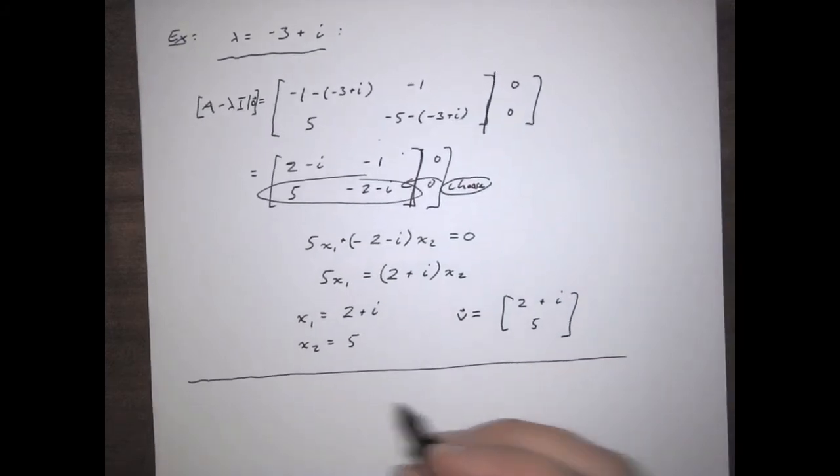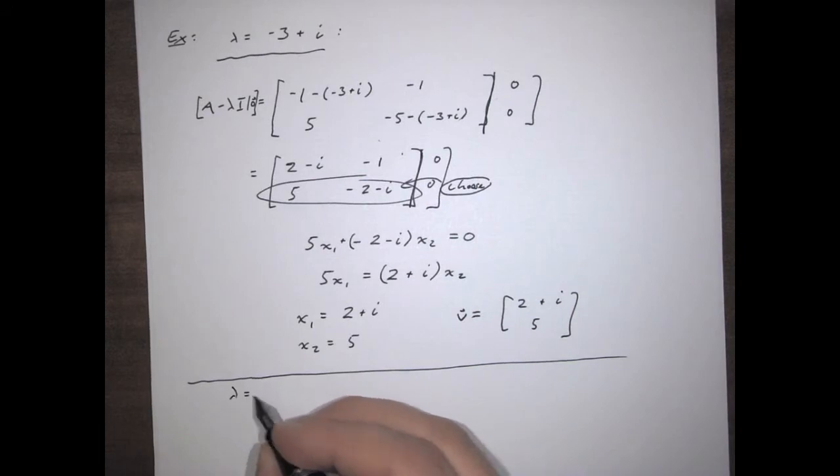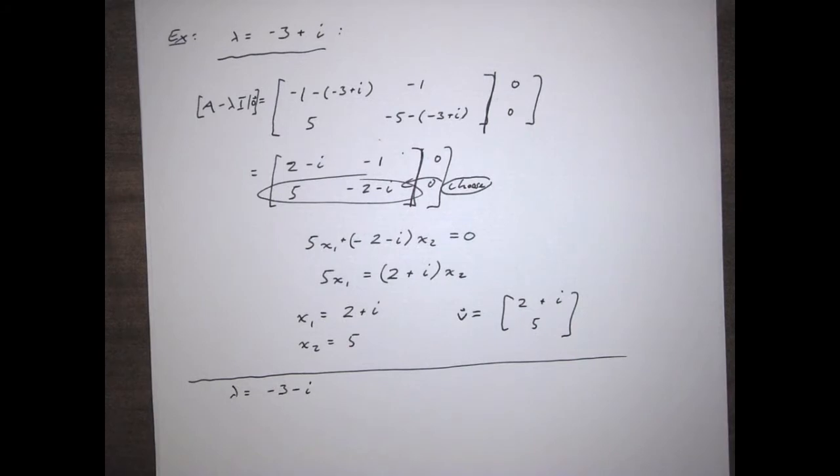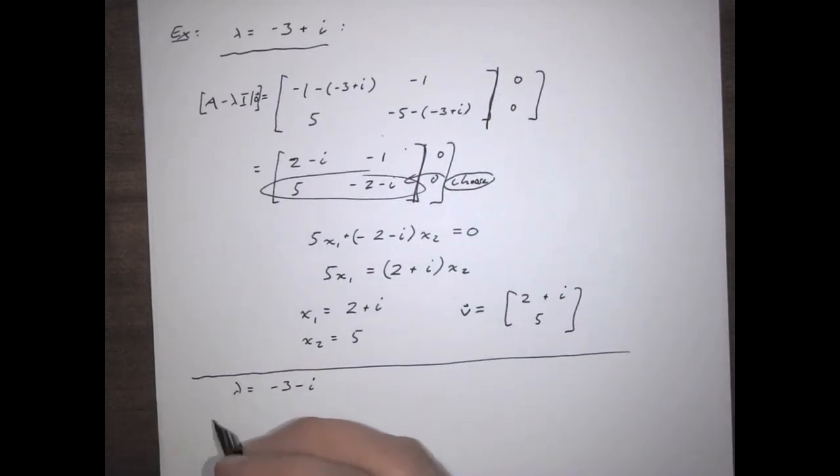And now I can repeat the process for the other one, lambda equals negative 3 minus i. And then when we get to the end, we can compare what we got with what we had before.